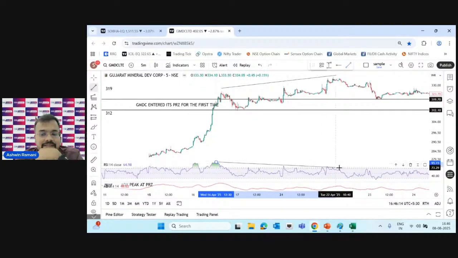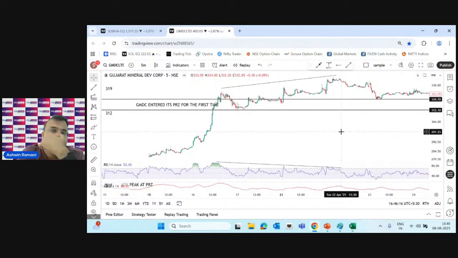RSI has gone down. Can you all see there is an RSI divergence signal on my 5 minutes chart as well in GMDC?